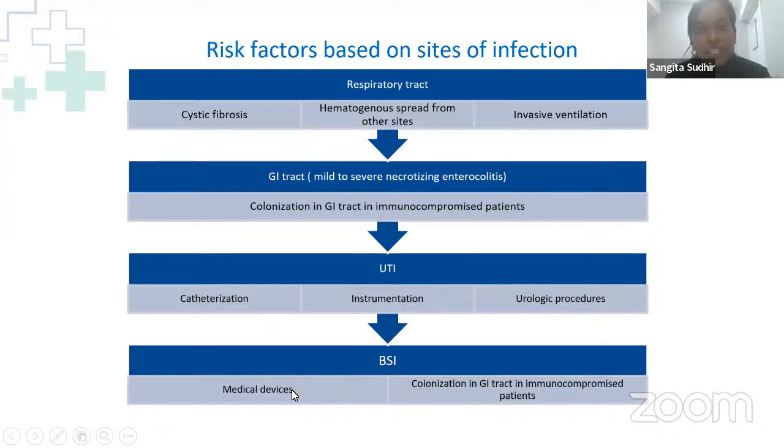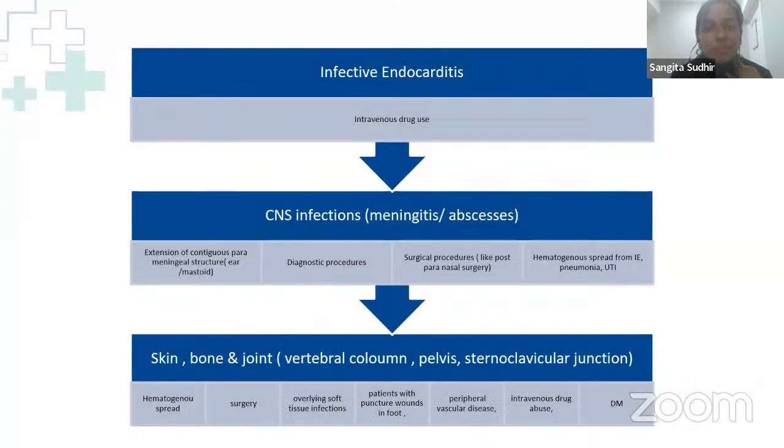Now, again, with medical devices like intravenous catheters, when the patient becomes immunocompromised, hematogenous spread can lead to bloodstream infection, sepsis, and multi-organ dysfunction. Another thing is intravenous drug use. In certain cases, intravenous drug use has led to infective endocarditis.